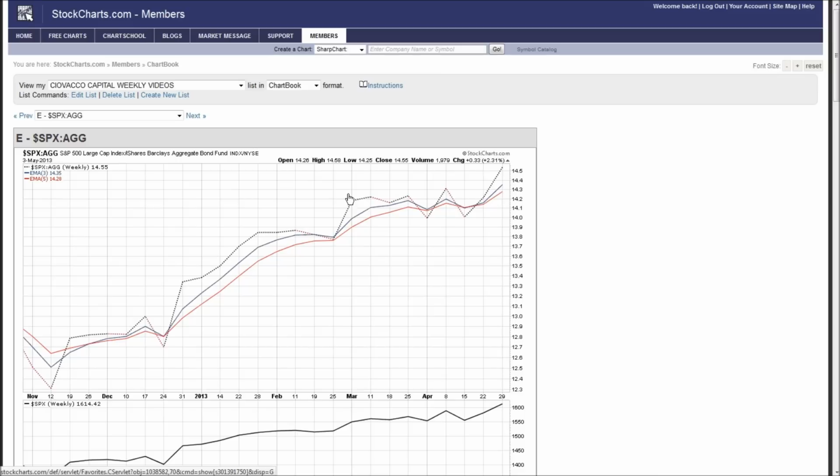So in terms of taking on a lot of risk in this box, you don't really know which way this is going to break. On a closing basis, notice the 3 and 5 week exponential moving averages always tended to side with the bulls. The however is, this is very, very shaky here.